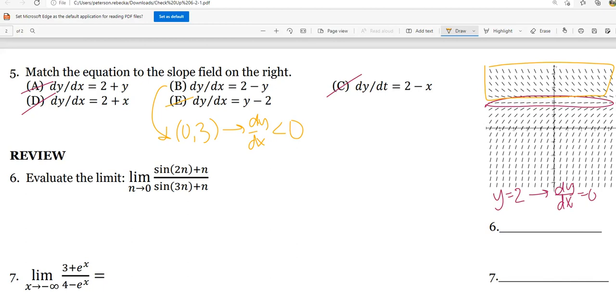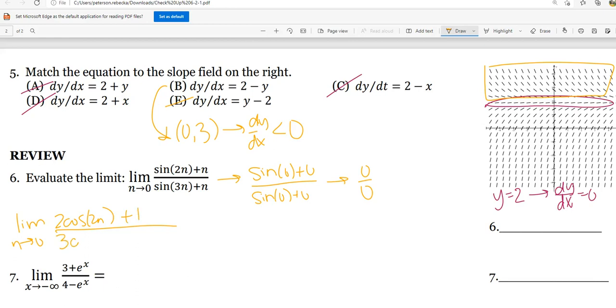Problem 6. So we will always want to start our limits by plugging in, in this case, n equals 0. So I get sine of 0 plus 0 over sine of 0 plus 0, which is 0 over 0. So we're going to do L'Hopital's rule. So I'm going to take the limit as n approaches 0, take the derivative of the numerator over the derivative of the denominator. Now make sure you do chain rule. So derivative of the numerator is 2 cosine of 2n, because I have to multiply by the derivative of the inside, plus 1.